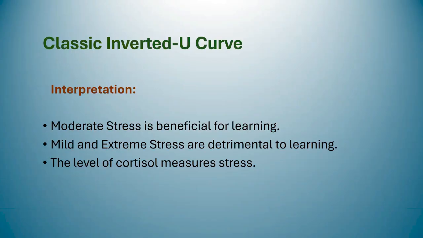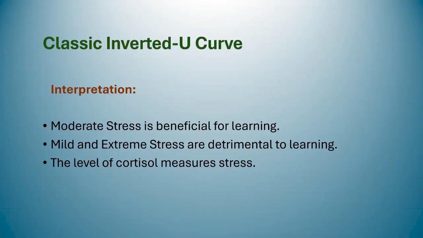Now, what is the classic inverted U curve? I will tell you its interpretation. People say that they are stressed, a lot of stress is there. They are seen always stressed. This is not good. They cannot go anywhere. Because moderate stress is beneficial for learning.